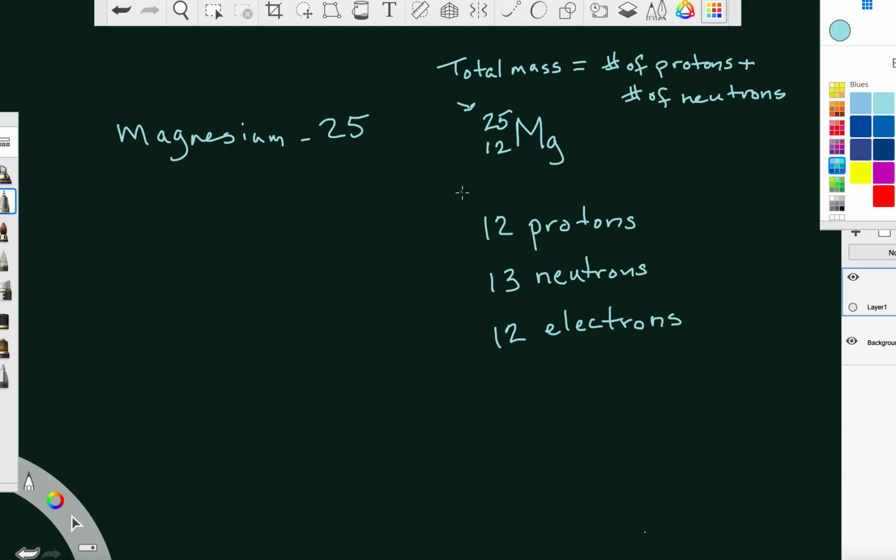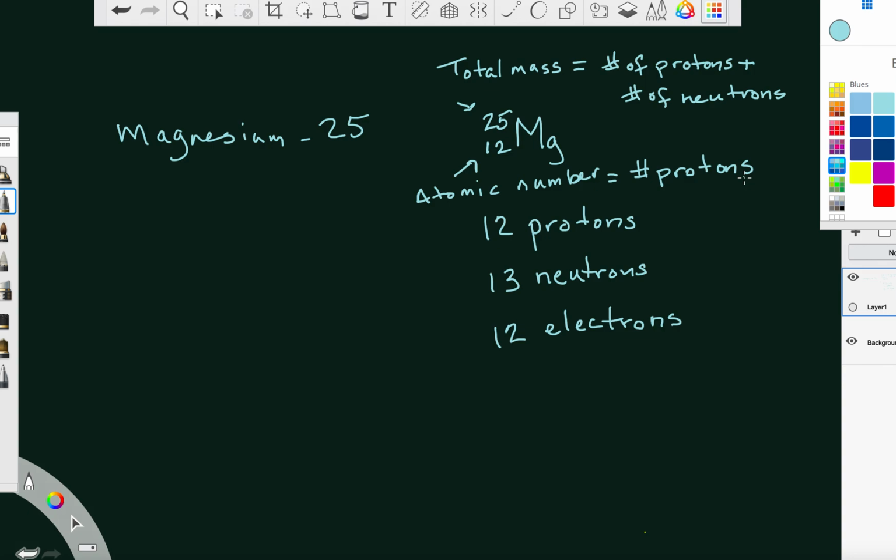And down here, this number is just its atomic number. I know I'm repeating myself, but if I don't repeat myself, people don't remember. Which is equal to the number of protons only.